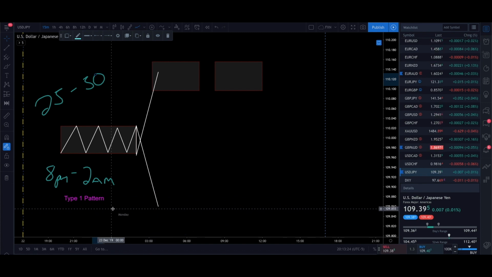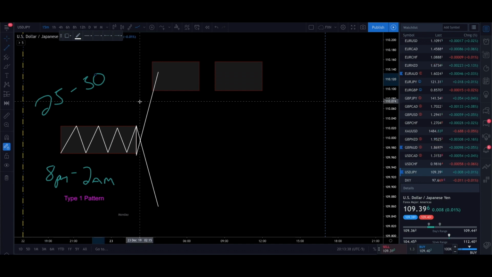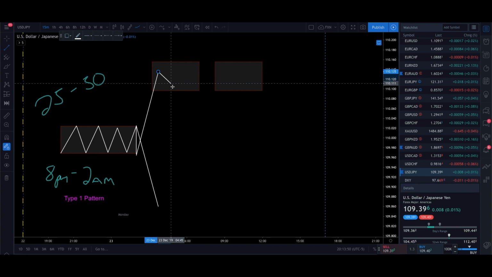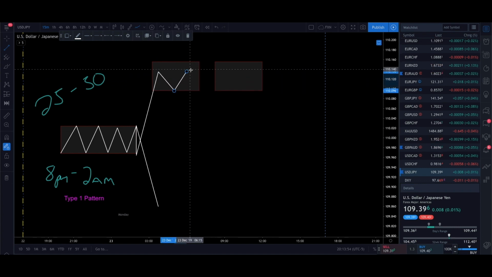It depends on how far market makers need to go to convince traders to get into a trade, to trap them. Once the initial push is made to get retail traders to go long in this example, the type 1 can do this, basically an M pattern coming back down.